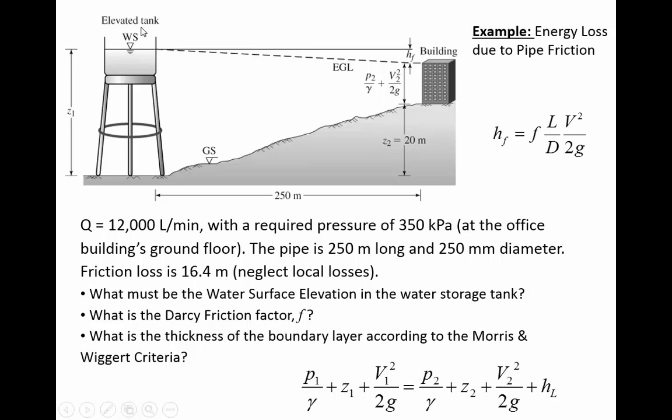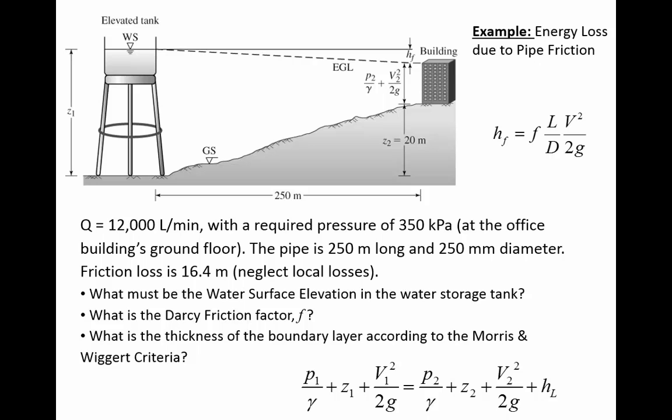In this case, we've got some elevated tank, and we need to find out how high the tank should be. Essentially, what is Z1? Because remember, with the energy equation, it's our notation to always have location 1 be P1, Z1, V1, upstream, and location 2 downstream in every case.